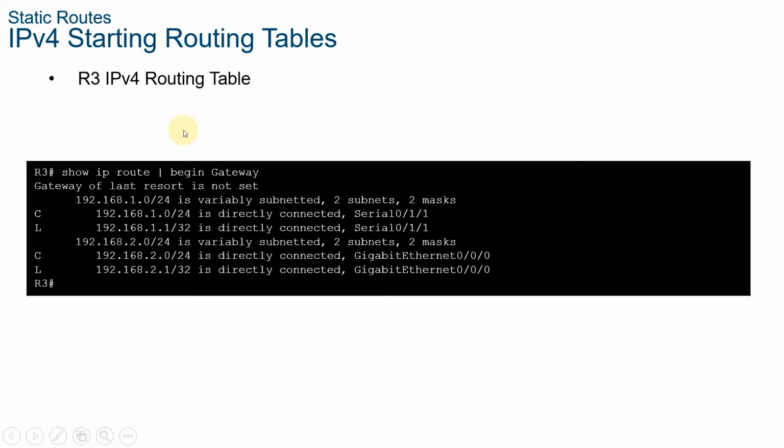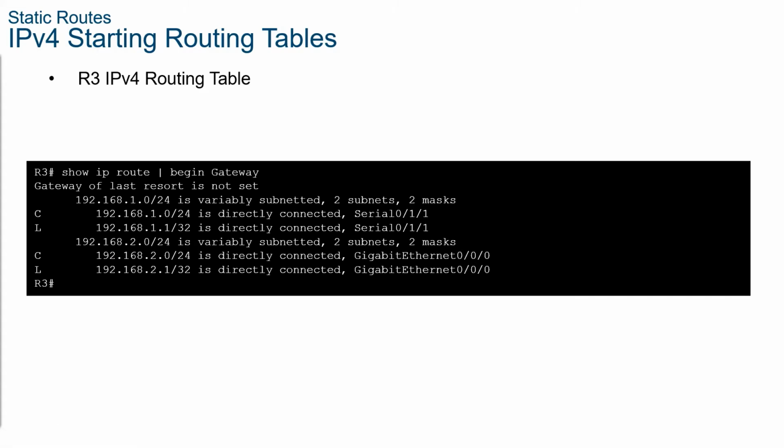Now also on R3, it only displays directly connected networks. If you observe, you have 2 directly connected networks, and these are 192.168.1.0 and 192.168.2.0.